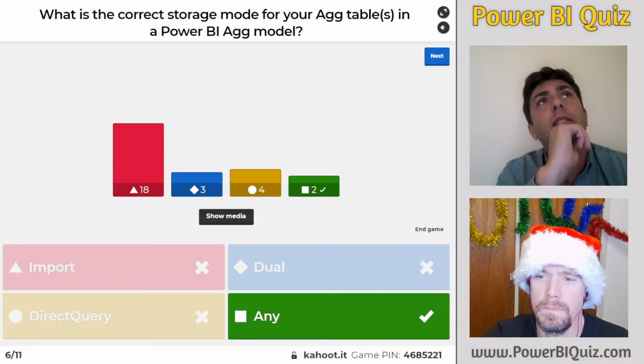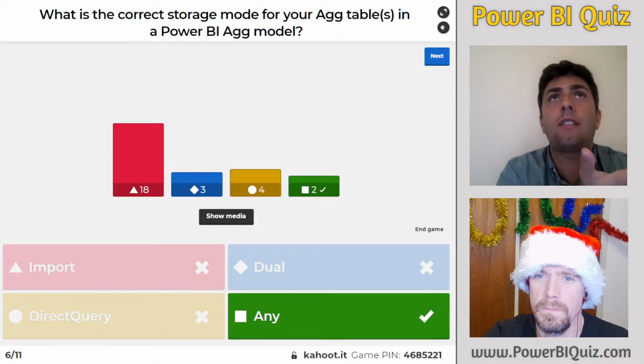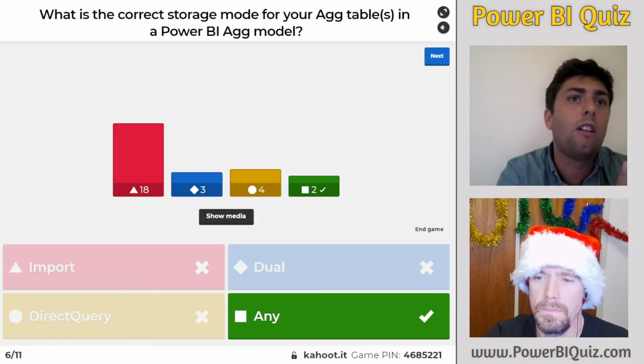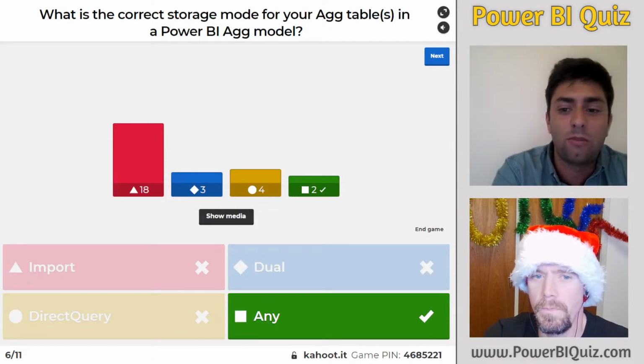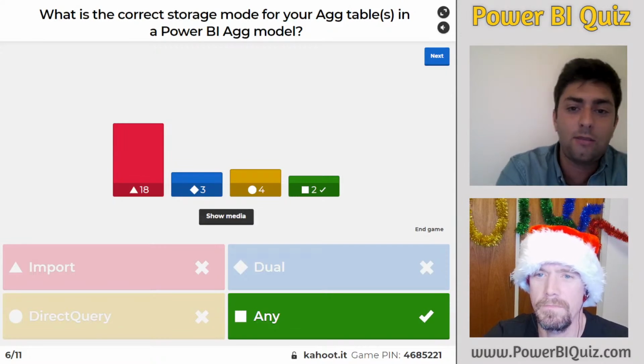So technically it is an ag table, but you're losing the main advantage of aggregations if you put your aggregated tables in direct query mode. Yeah, a direct query ag as a middle layer makes sense. Yeah, it could. I've never used it.